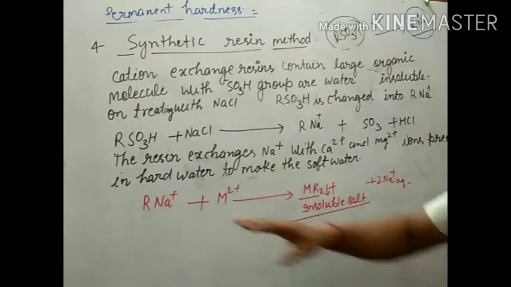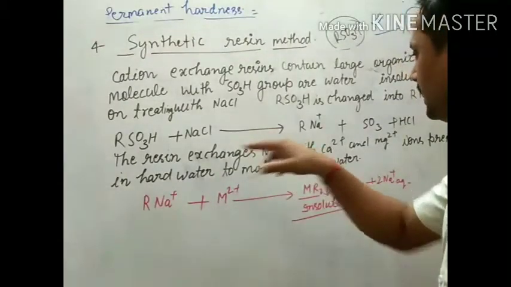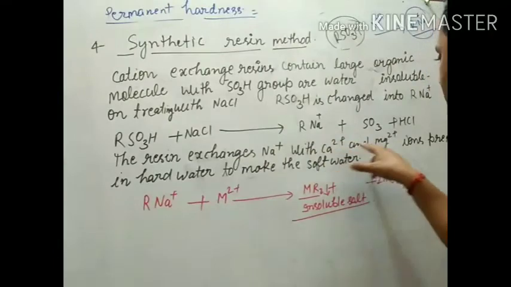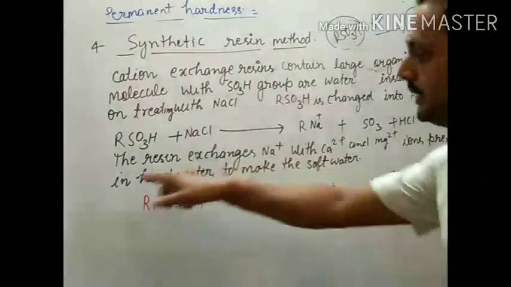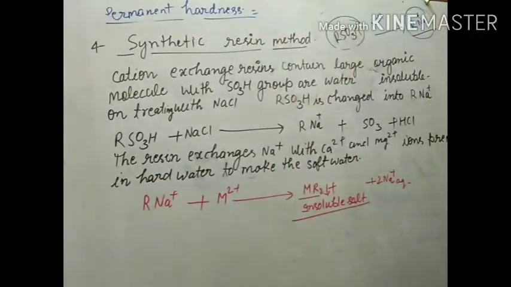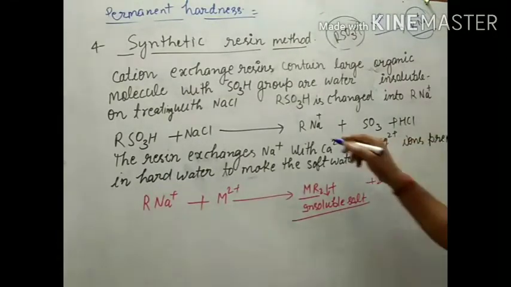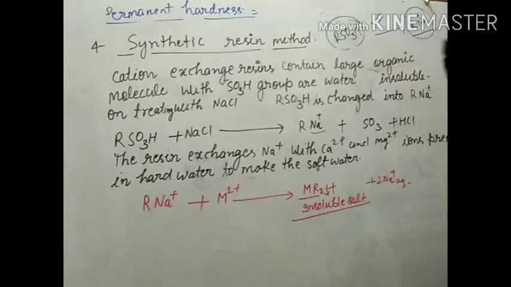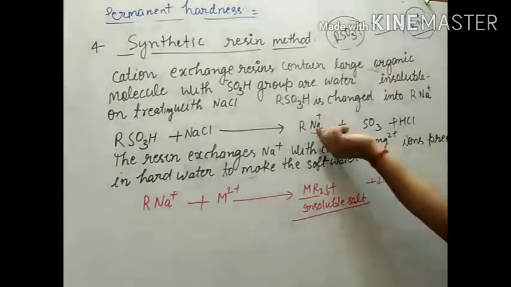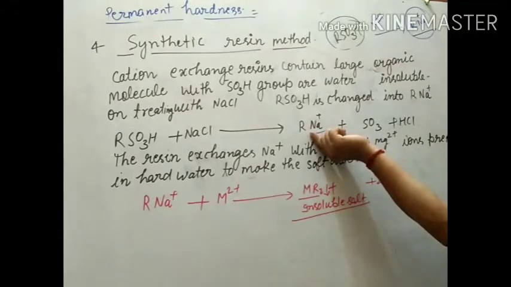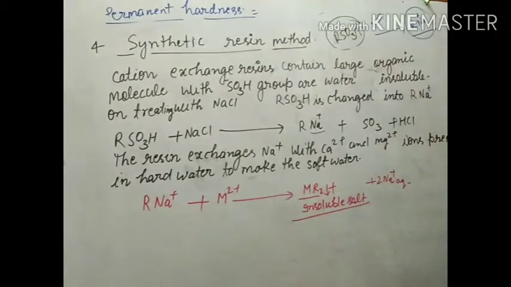The resin exchanges the Na ions with the calcium and magnesium ions present in hard water to make soft water.